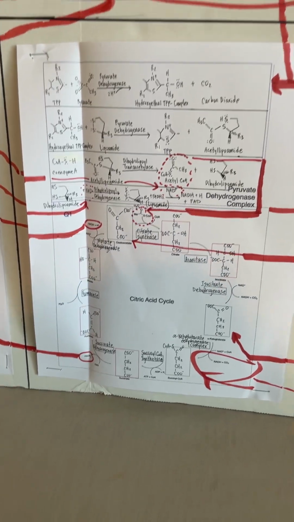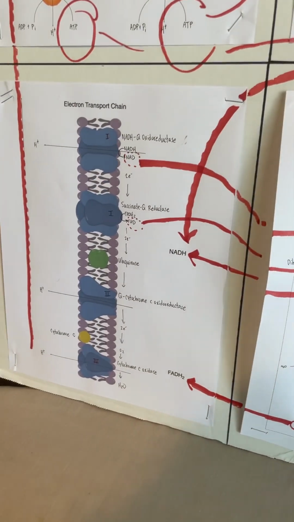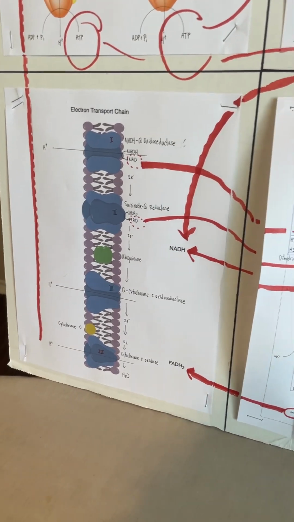Okay, so through the process of the citric acid cycle, through the use of acetyl-CoA, we can use oxaloacetate to form alpha-ketoglutarate, which will produce some NADH molecules and ATP that can eventually be used in our electron transport chain here.